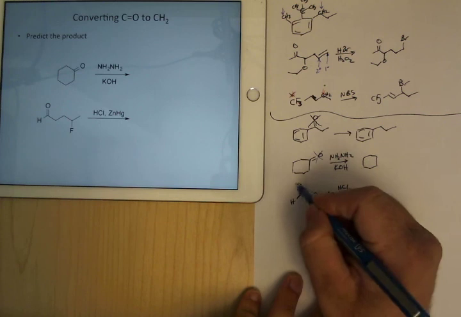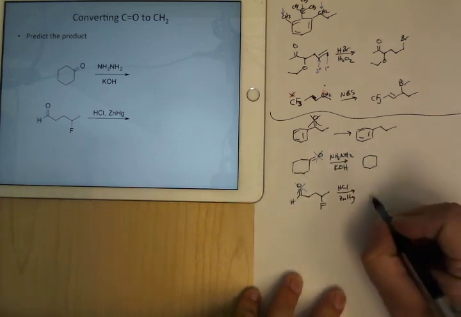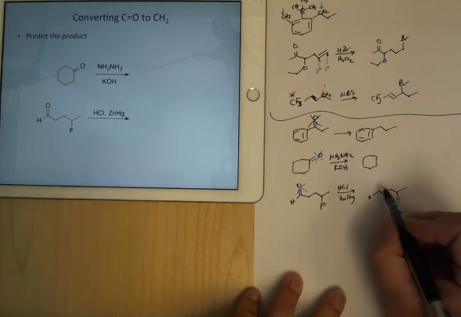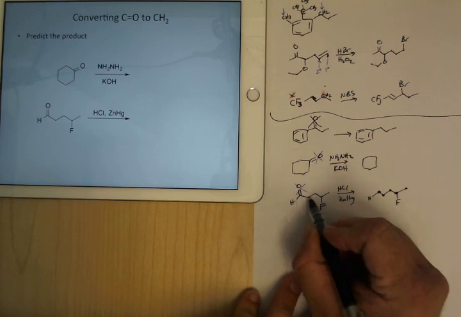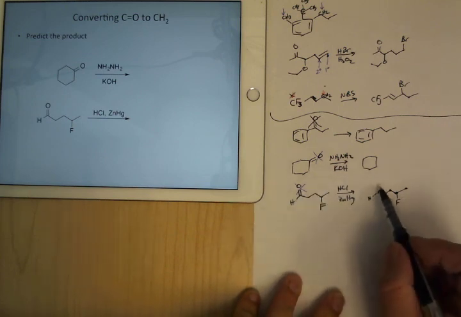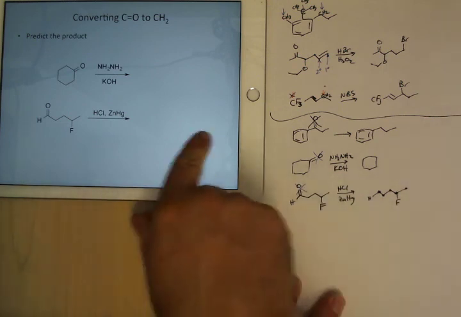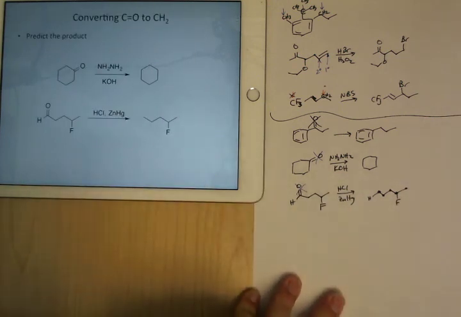Again, we're just going to take that away. Now I'm going to leave this hydrogen here. You don't need to put that in, but just for simplicity's sake. So those are the 5 carbons, 1, 2, 3, 4, 5. So that's all you need to do. Take that away, and there you go.